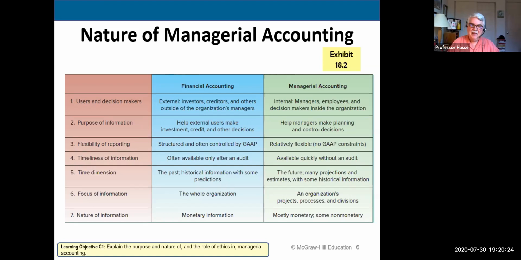How much are we going to pay our professors next year? How much in scholarships are we going to give next year? That information of the past in financial accounting helped us make decisions for the future in those examples.